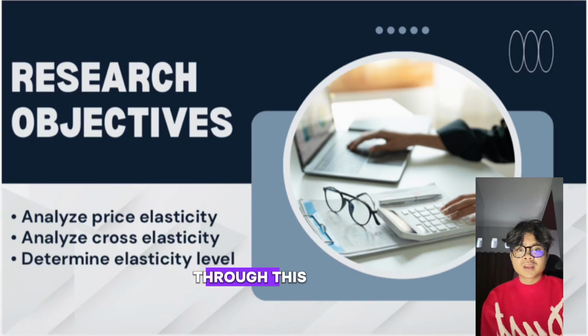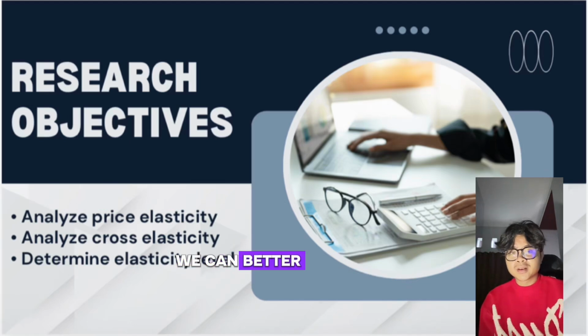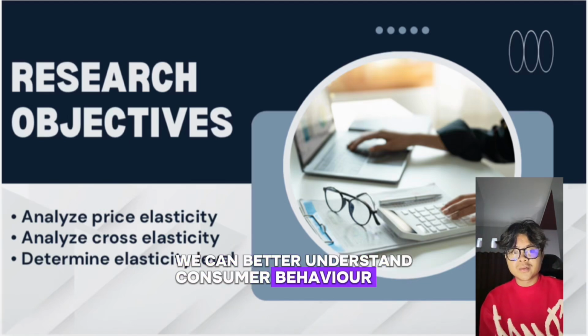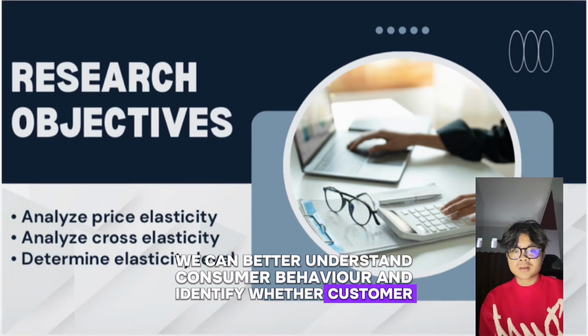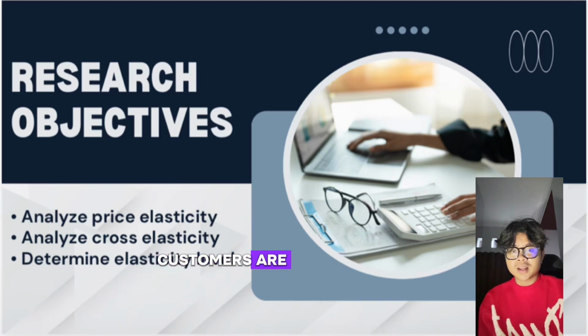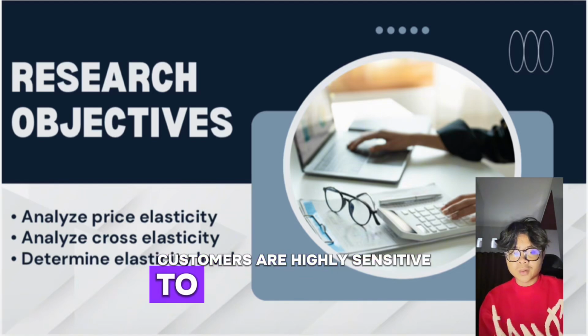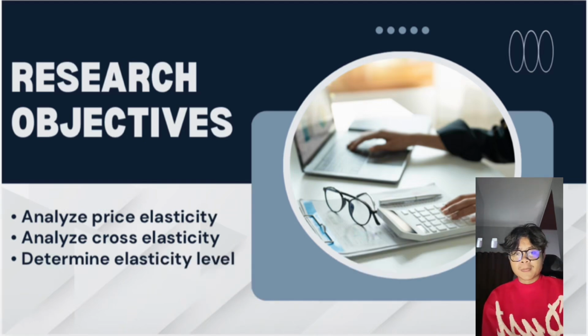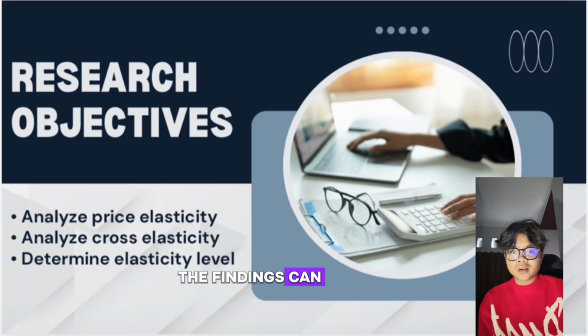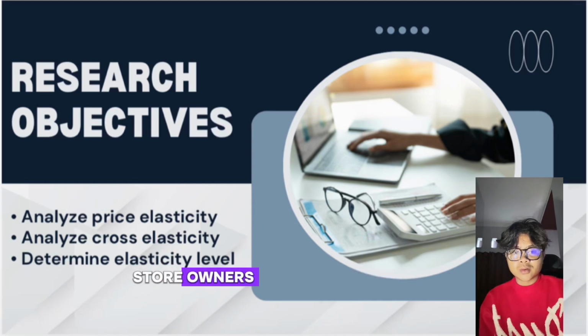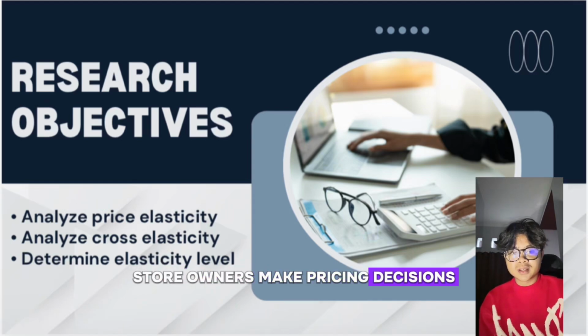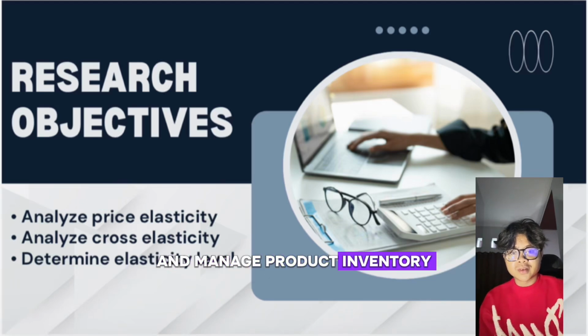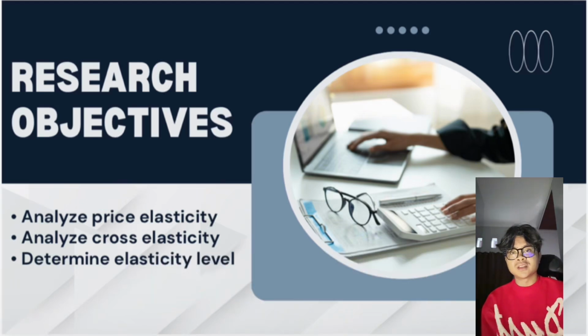Through these objectives, we can better understand consumer behavior and identify whether customers are highly sensitive to price change. The findings can also help store owners make pricing decisions and manage product inventories more effectively.